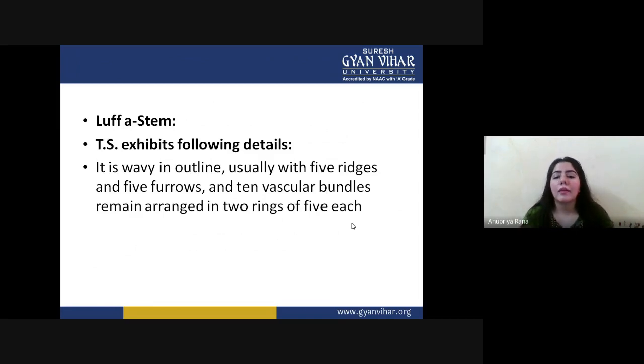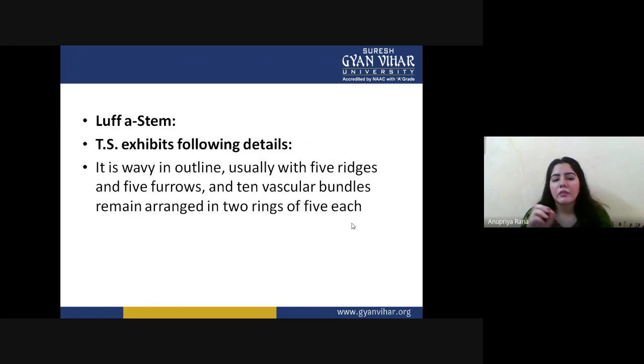These 5 ridges and 5 furrows present in the stem of the dicot are there because of secondary growth. When secondary growth happens, the cells are converted into cork cambium. When the cork cambium is present in the outer circle, it makes some ridges. Ridges are just like up and down depressions in the plant.